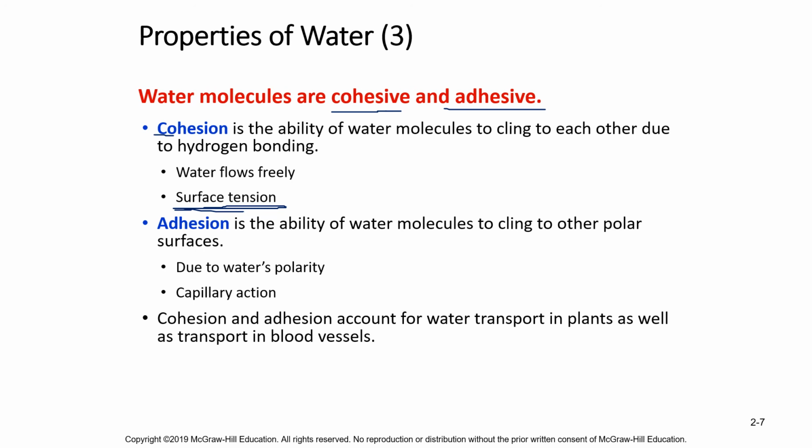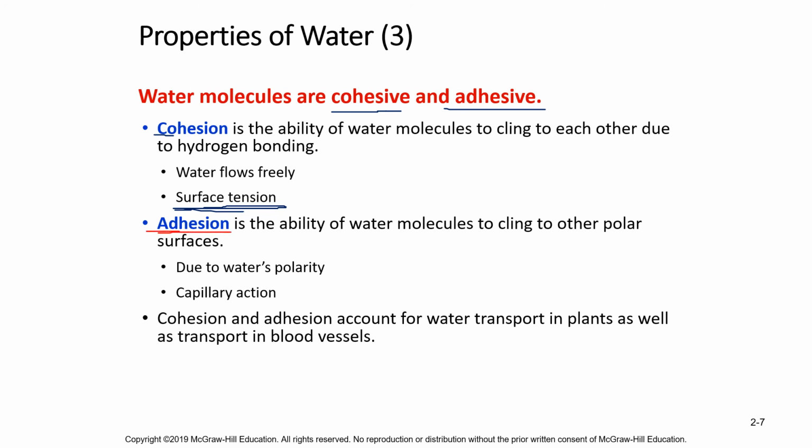You've also probably seen, when you have a small puddle of liquid on a counter, and then you just stick the edge of the paper towel in that puddle, and the paper towel seems to soak it up. Both of these properties are due to adhesion.